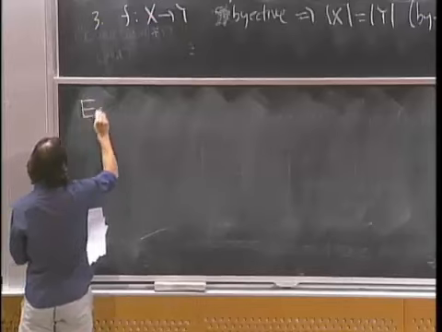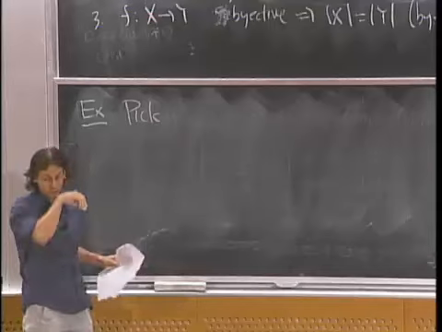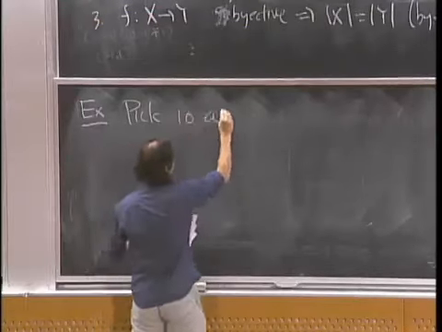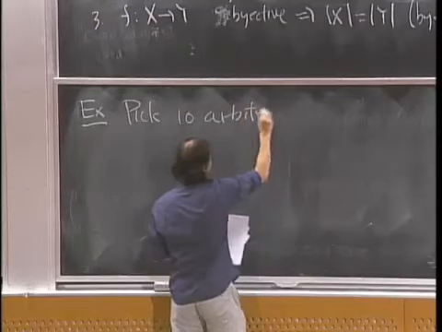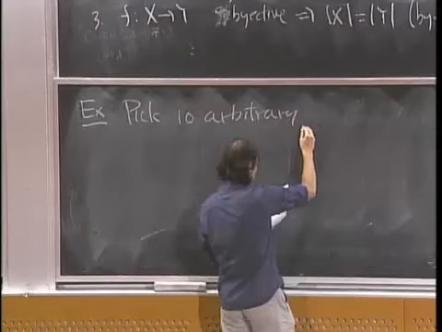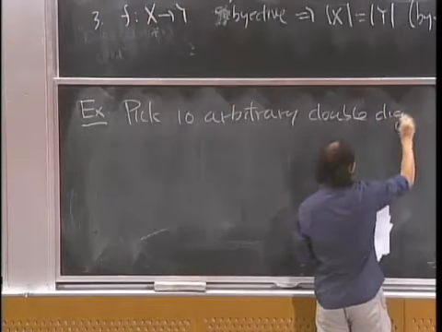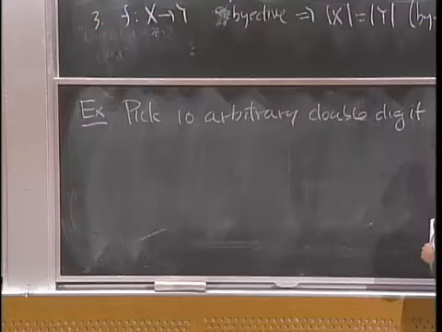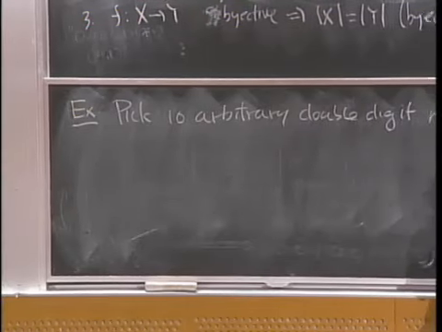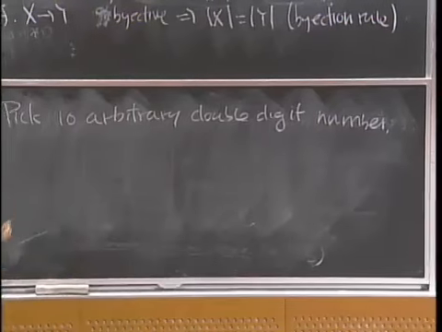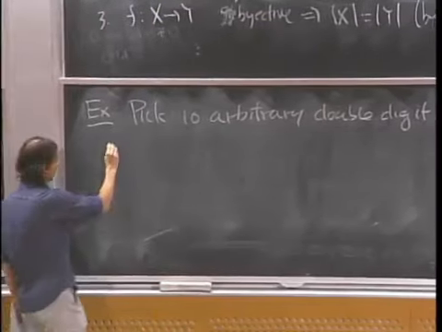For example, we may pick 10 arbitrary 2-digit numbers. So pick 10 arbitrary double-digit numbers. And, well, we can pick any sequence of numbers. I'm just picking a few. You may add a few too.